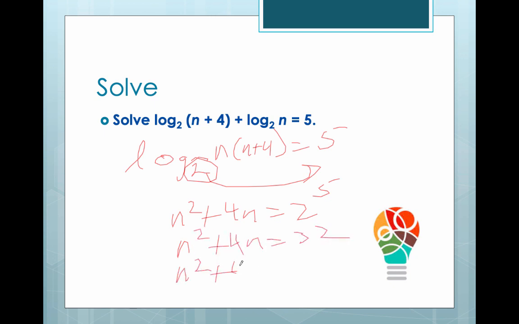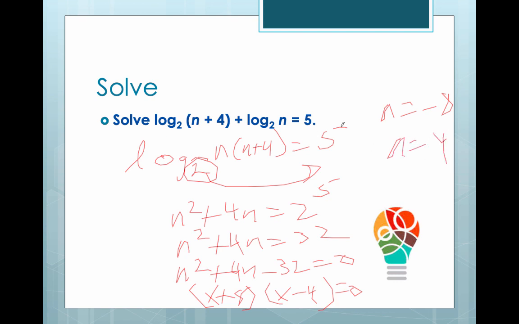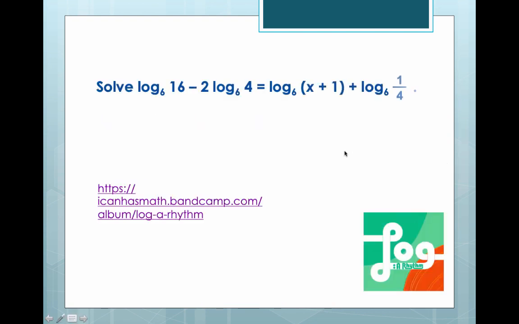And now this is what I can factor, and it factors into n plus 8, n minus 4. So I get n is negative 8 and n is positive 4. And negative 8 ain't going to hold up, and positive 4 is going to hold up. Good stuff. Good stuff.